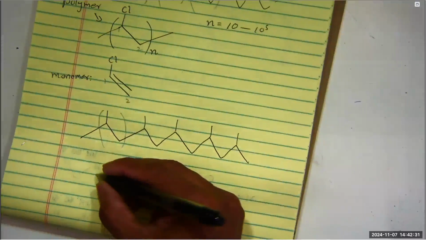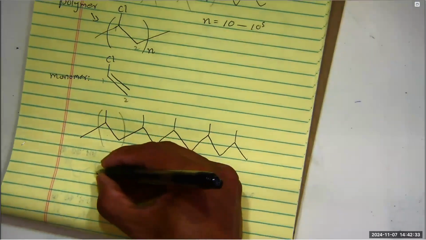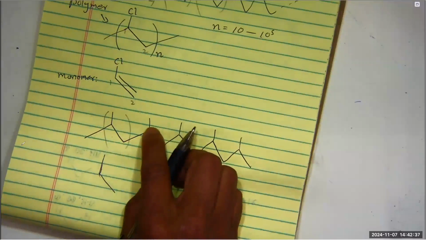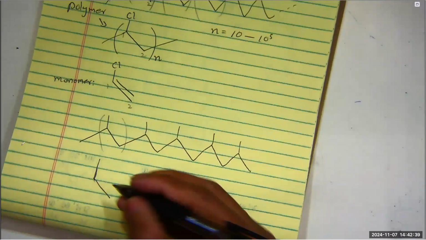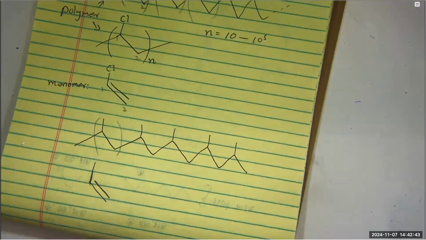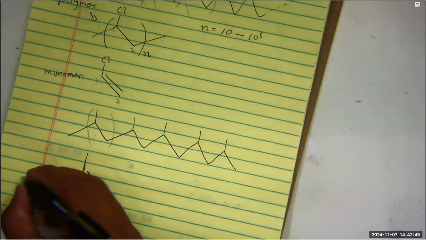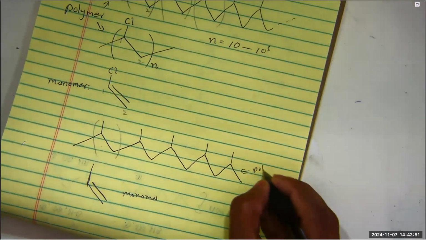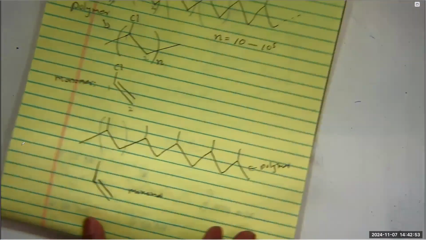So you take that out. This is what is repeated. You draw the repeat unit. Instead of drawing these two bonds coming through the parentheses, you introduce a double bond, another bond between them. Done. So this is my monomer, and this is my polymer. That's the other way of doing the same thing.